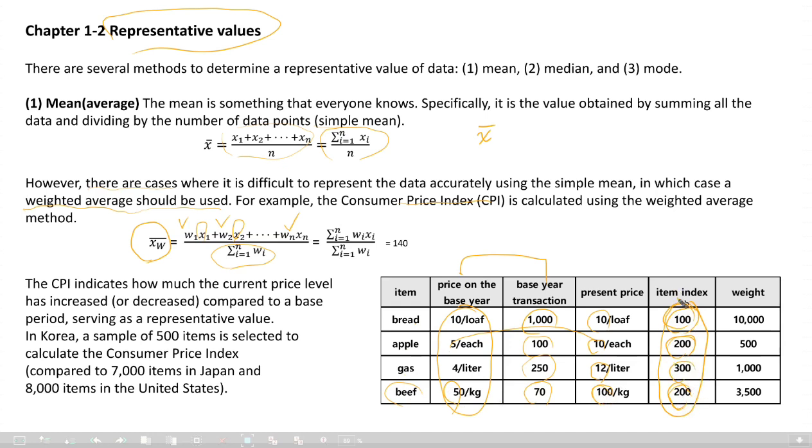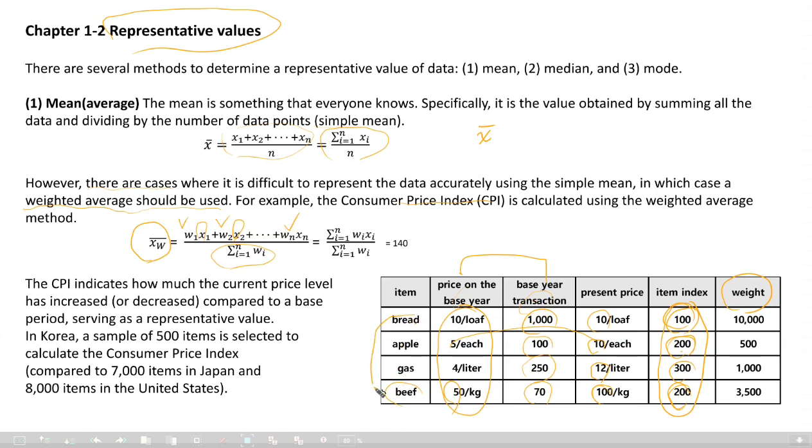So if you average, you calculate the simple mean. What is the simple mean? It is 200. Okay, these 4 numbers average is 200. But it is not an accurate representative value for consumer price. What can be weight? Weight should be price times transaction. That is how much each of these 4 items takes a weight in this market.